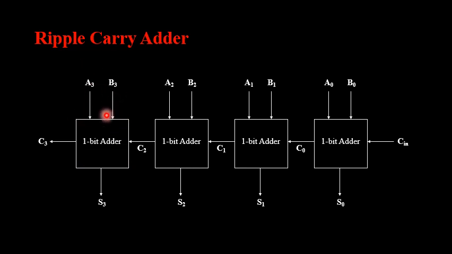Or in other terms, in order to get the output of C3, all these outputs must be obtained. So unless and until these outputs are obtained properly, I cannot expect the output C3 to be obtained from a ripple carry adder cell.